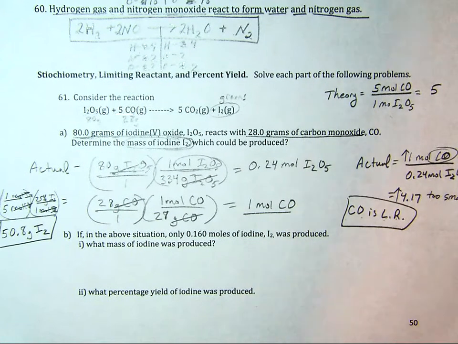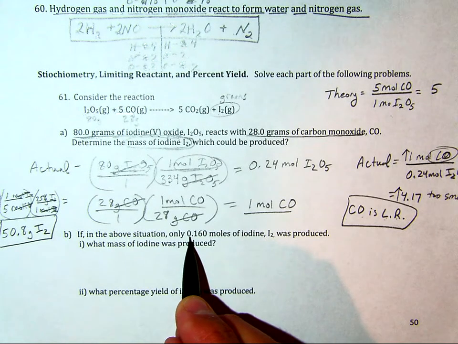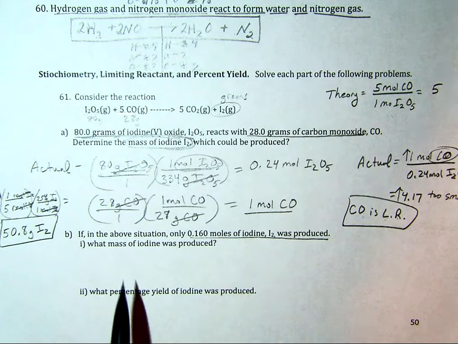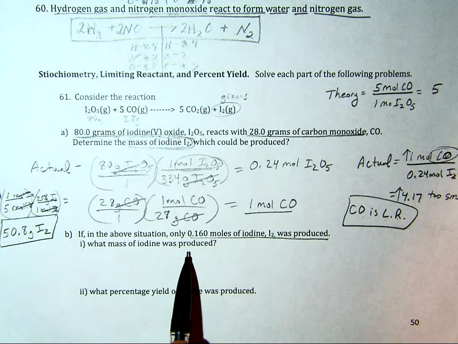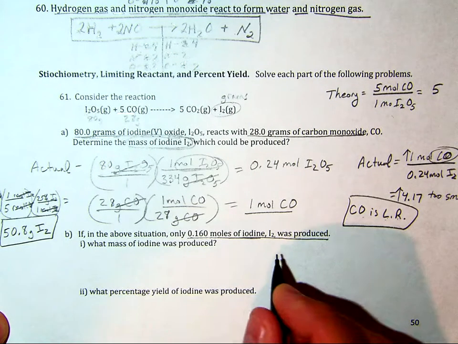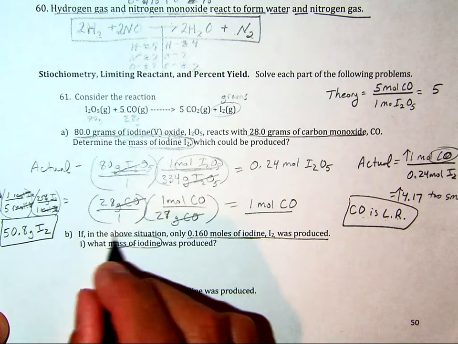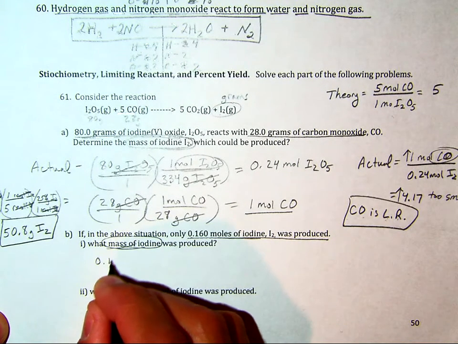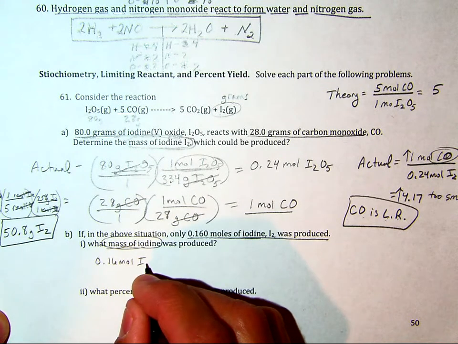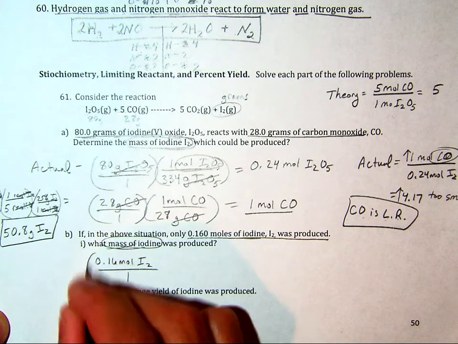It says, if in the above situation only 0.16 moles of iodine was produced, what mass of iodine was produced? So if there was only 0.16 moles of it, let's change that to mass. So we want the mass of iodine. So I'm going to put 0.16 moles of iodine over 1.